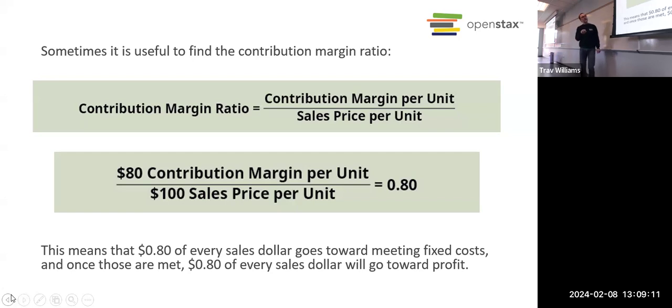Just take the contribution margin, divide it by sales, and you get the same ratio. Who remembers how we can use this? When does this ratio come in handy? Remember how if you want to figure out what your break even is in dollars, you can take your fixed costs, divide by your contribution margin ratio, and that answers the question for you.